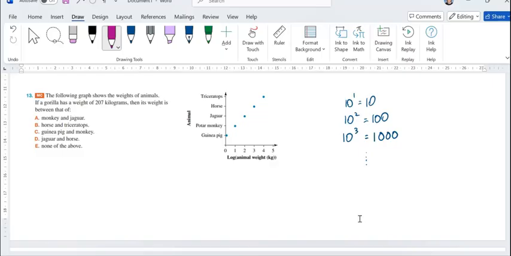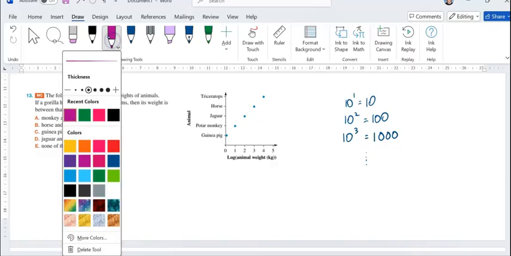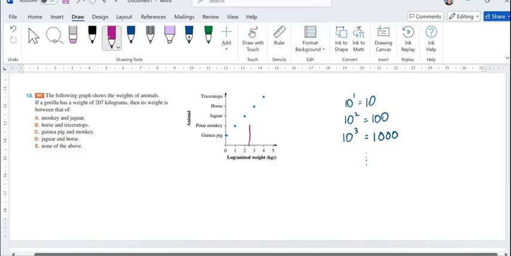So I know that that value for the gorilla falls somewhere between the 2 and the 3 on that scale. I don't have to be too accurate, but I know it falls between 2 and 3, between 100 and 1,000. So somewhere on that graph, in between 2 and 3 somewhere would be somewhere here on that graph.